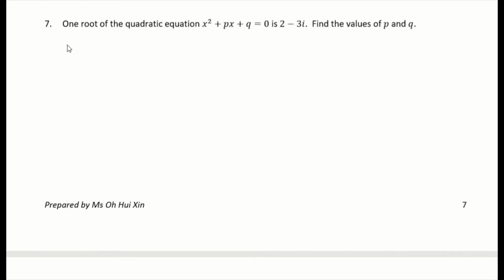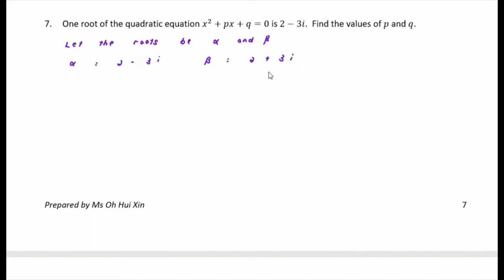So in this question, let the roots be alpha and beta. If alpha is given as 2 minus 3i, then beta is going to be the conjugate of alpha, which is 2 plus 3i.